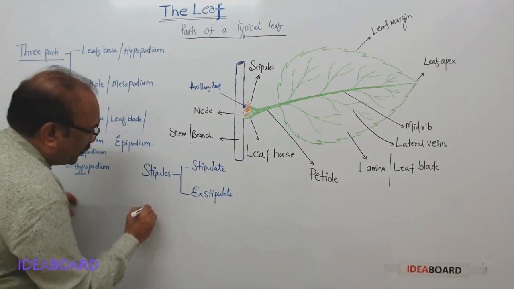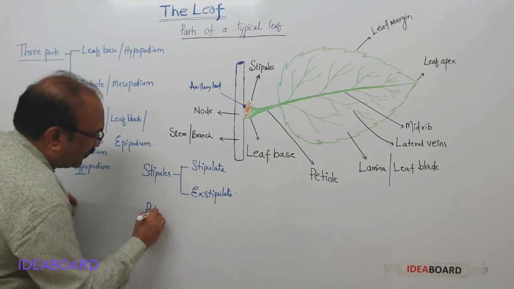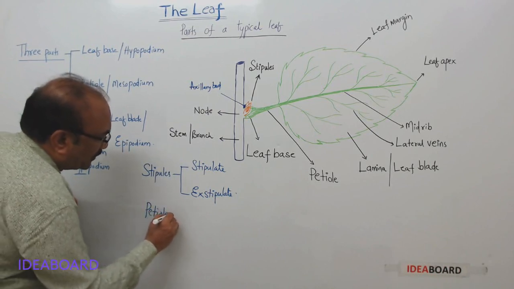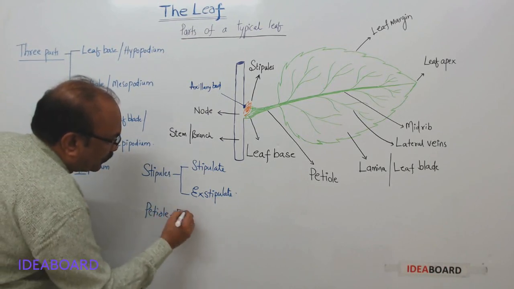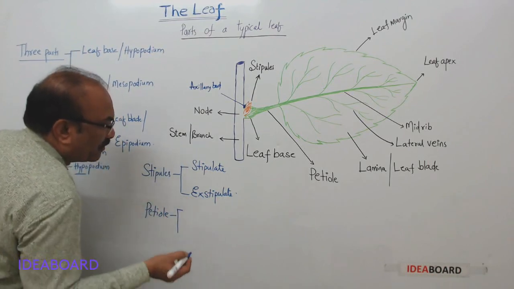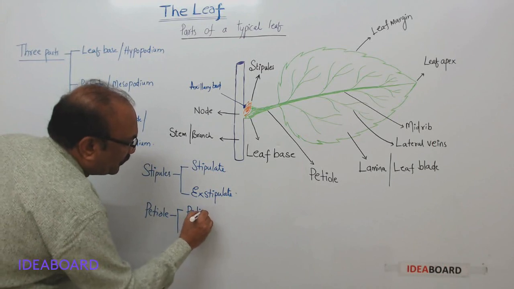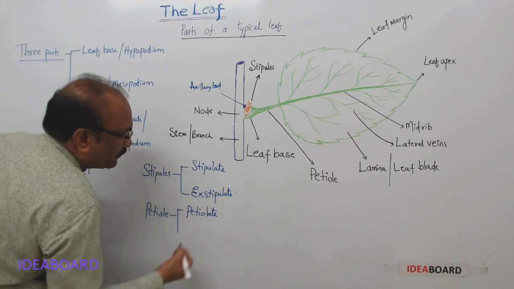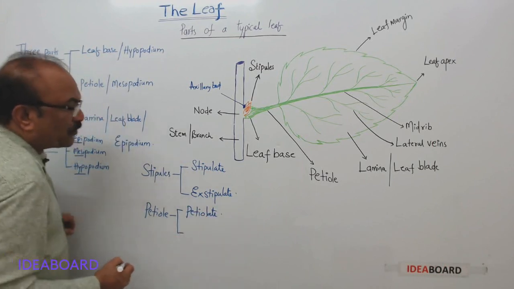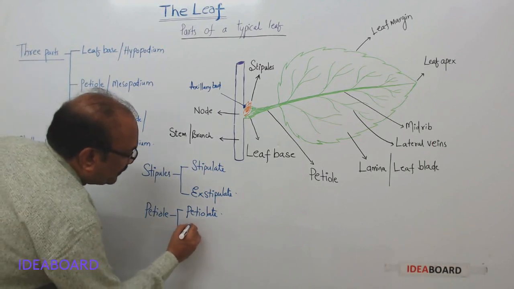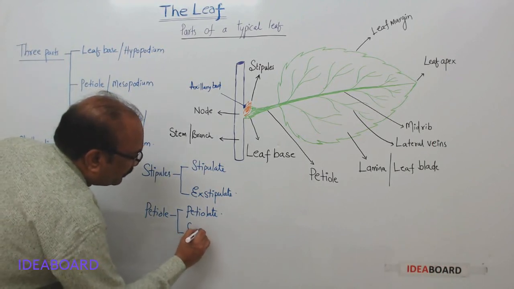In a similar way, the petiole may or may not be present. The leaf with petiole is called petiolate leaf, and when petiole is absent, the leaf is called sessile leaf.